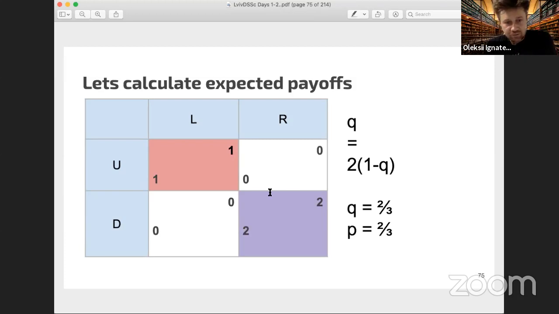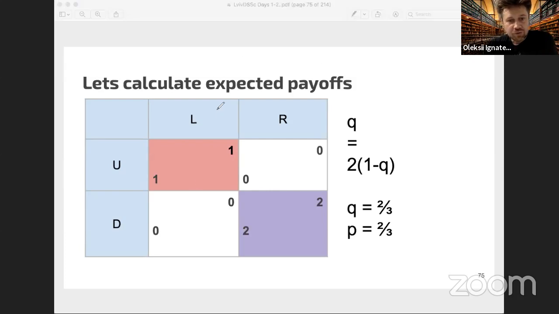How do we calculate it? Suppose the player plays P, 1 minus P, and the other plays Q, 1 minus Q.